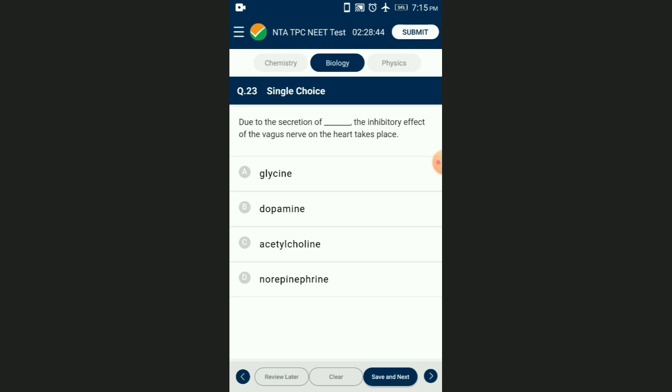It makes the adrenal medulla release epinephrine and norepinephrine. Acetylcholine is the neurotransmitter released by the parasympathetic nervous system. Glycine and dopamine are neurotransmitters of the central nervous system. So the answer for this question is option C. Acetylcholine. Due to the secretion of acetylcholine, the inhibitory effect of the vagus nerve on the heart takes place.